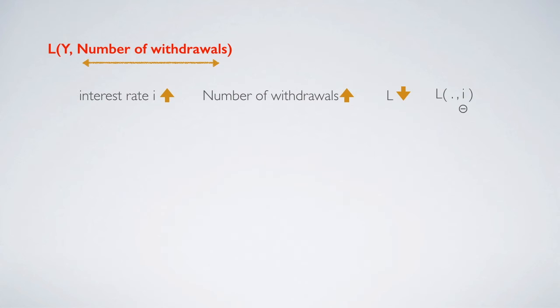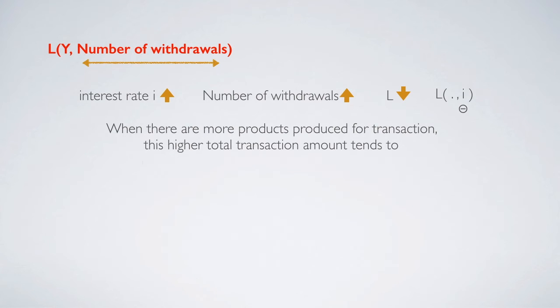And now we think about other reasons that can affect the number of withdrawals for the household, which is the total production. Basically, when there is more product produced for transaction, this higher total amount of transaction will require more total consumption. And if the consumption amount is higher, remember the household would be facing a huge amount of money he will withdraw eventually.